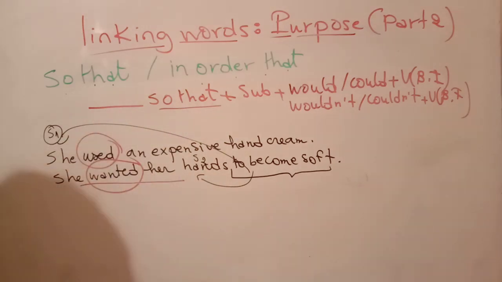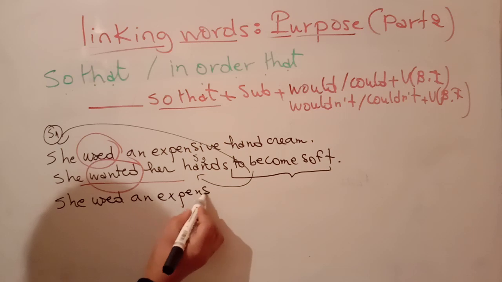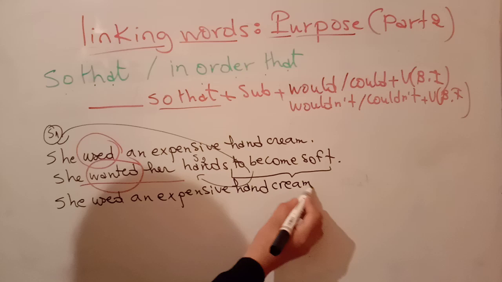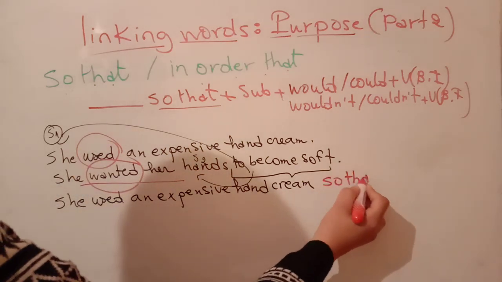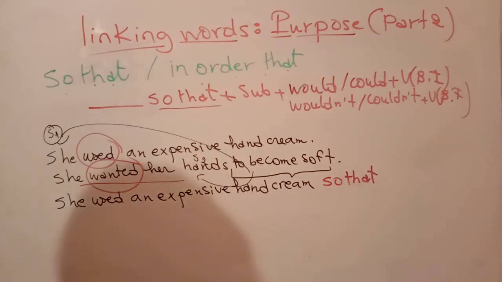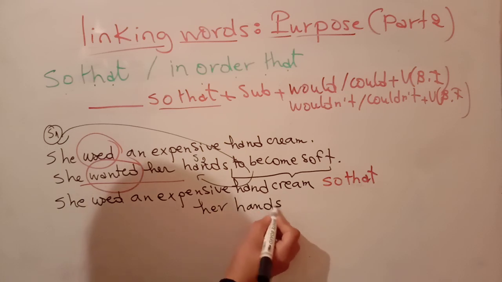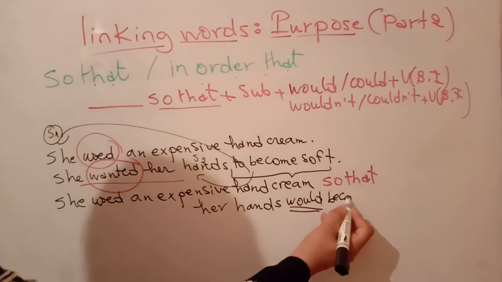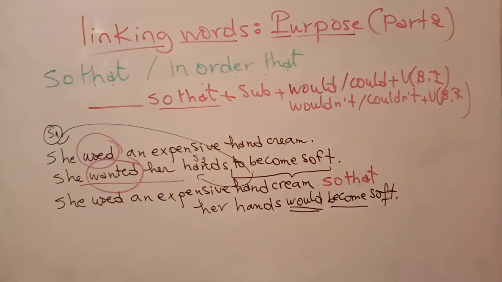So let's link these two sentences together. She used an expensive hand cream so that her hands would become soft, plus verb bare infinitive.